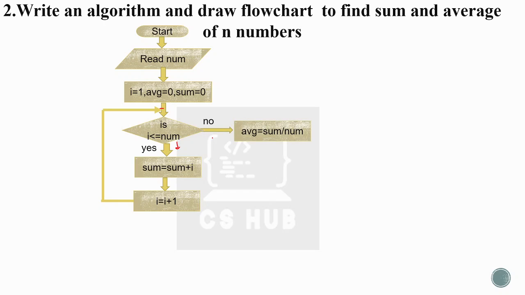At that time, we can get out of the loop and we can find the average. AVG is equal to sum divided by num. The next step is to display the sum and AVG. Then we can terminate. This is the flowchart to find the sum and average of n numbers.